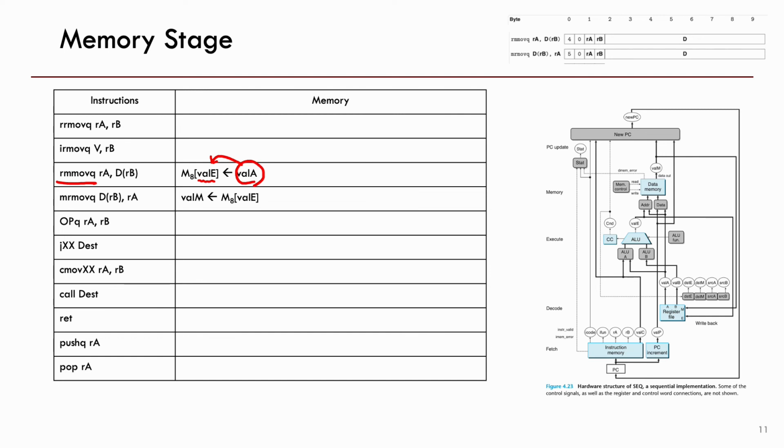How many bytes do we write? 8 bytes. And then for the MRMoveQ instruction, we read 8 bytes of memory data, its start address is val_E, and we write this read data to val_M.